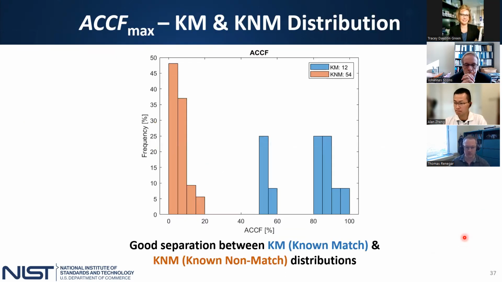When we combine all the data together, in a similar graph to what Ellen was showing, we can look at the distributions of the known matches and the known non-matches. We can see that there's nice separation between the 2 populations, which means that the technique is working, that we're able to identify where that printed part was printed on the build plate relative to the other samples.